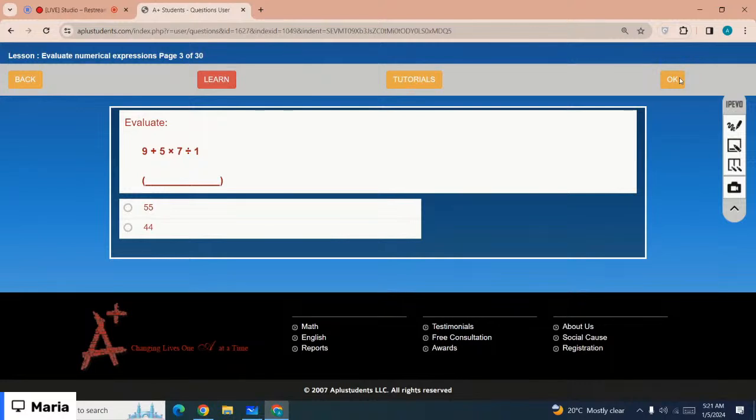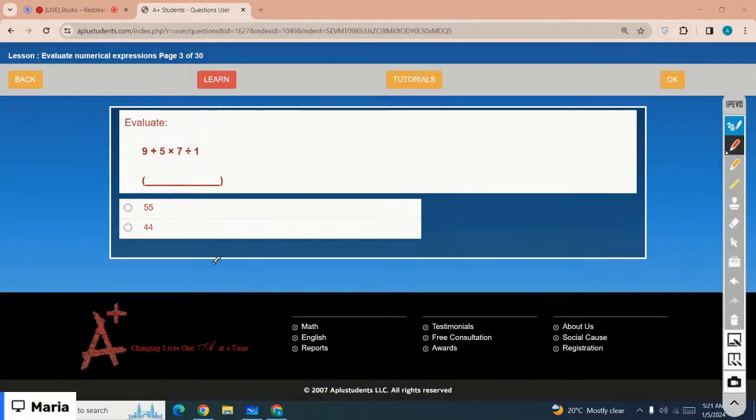55. How? You have to go from left to right, right? So division and multiplication are on the same level. First, you have to multiply. 7 times 5 is 35. Now you have to divide. 35 divided by 1 is 35. You can simply add. 35 plus 9 is 44.